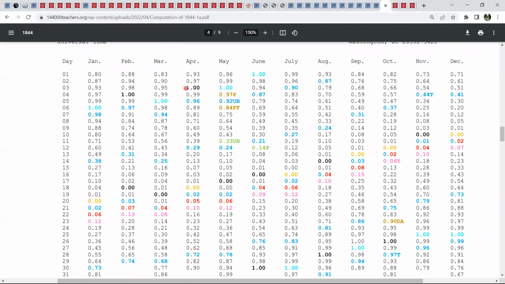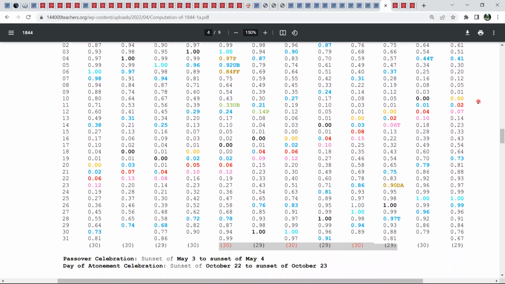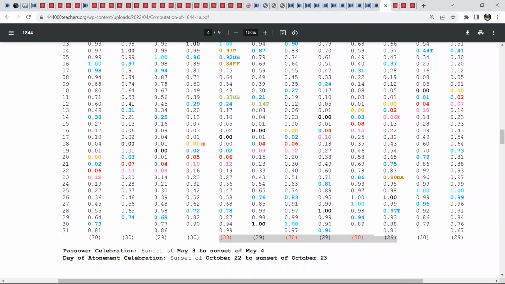Then they would have passed this 1.00, which is the full moon in April the 3rd, which they determined was too early for the barley to be ripened. The barley cannot be ripened until the second week of April. So they followed through with it. They went down to the next new moon conjunction, which would have been the 18th of April. The horn crescent would have been on the 20th.